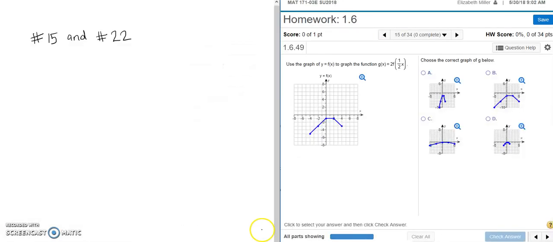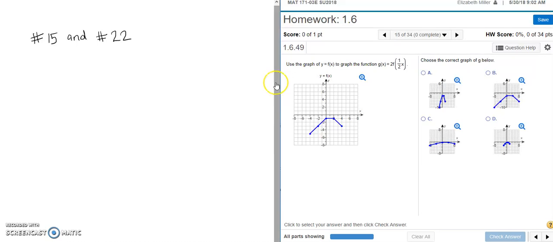So what we have in our example, the 2 is a vertical stretch. The 1/2 is a horizontal stretch. So this picture should stretch vertically and horizontally. That makes me think it might be B, but we will check. We're going to get some points to make sure. We don't want to just guess.